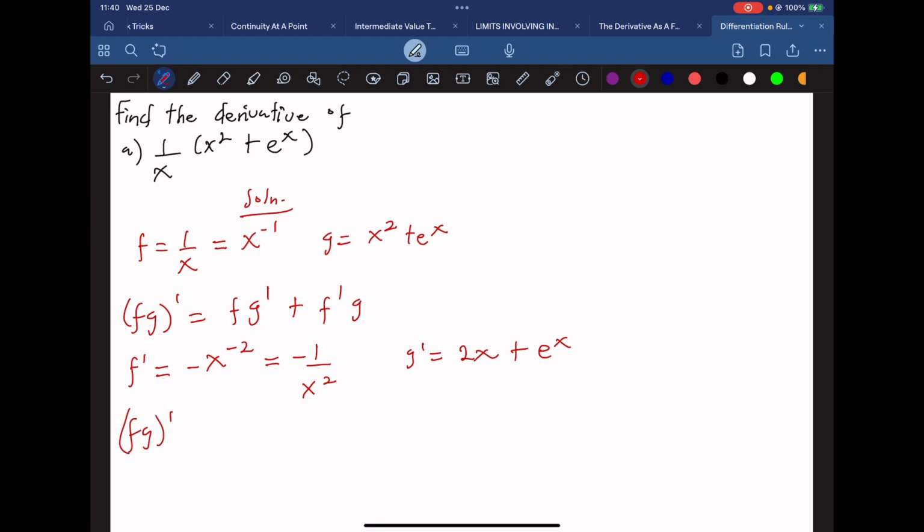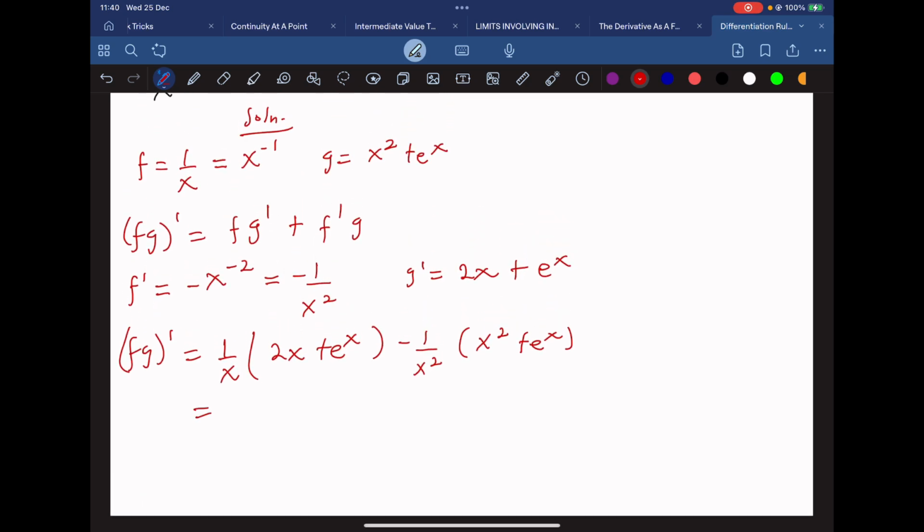So (fg)' is equal to our f, which was given as 1 over x, times our g prime, which was given as 2x plus e to the x, plus our f prime, which would just be negative 1 over x squared, multiplying our g, which is x squared plus e to the x.